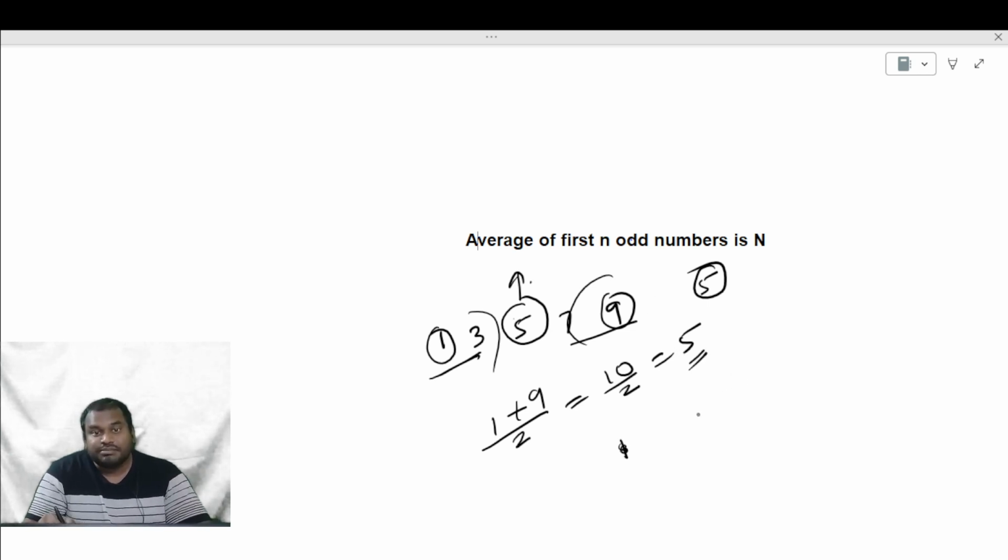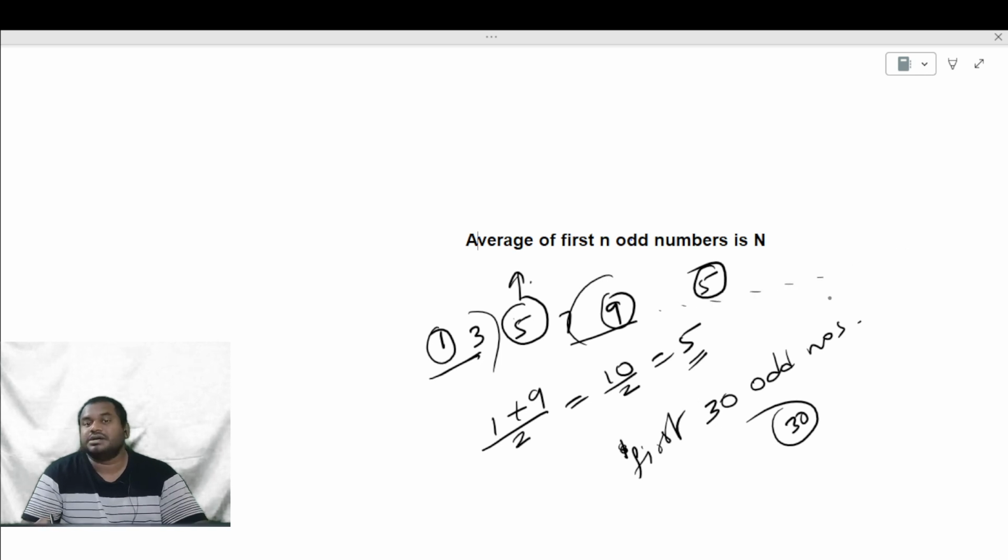Suppose I am asked to find the average of the first 30 odd numbers. What will you do? The answer is 30 only. You can verify. See, 1, 3, 5, 7, 9, and take the 30th number. If you add the first number and last number and divide by 2, you will get 30.